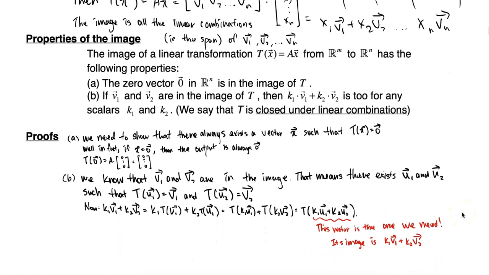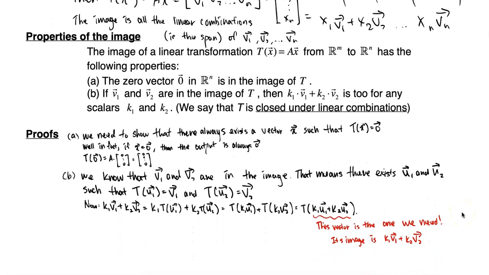We're going to discuss now two key properties of the image. The first one: the zero vector in Rn is in the image of T. This Rn refers to the fact that this linear transformation in this example goes from Rm to Rn.